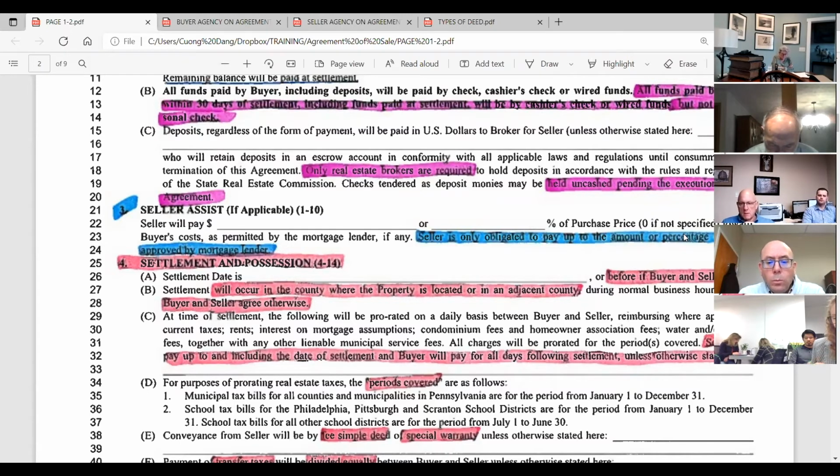So again, if you have seller assist, I would fill out the number as well as the percent. Okay, if you're writing in 3%, like a round percentage number, fill in the number as well. But if it's just like an off-the-cuff number of $5,000 on a $265,000 house, put in 5,000, and then you can leave the percent blank.